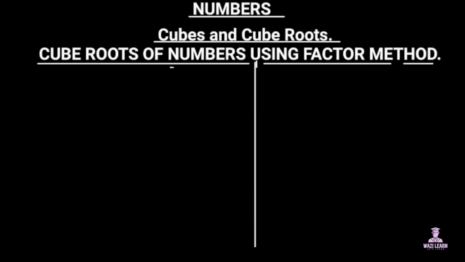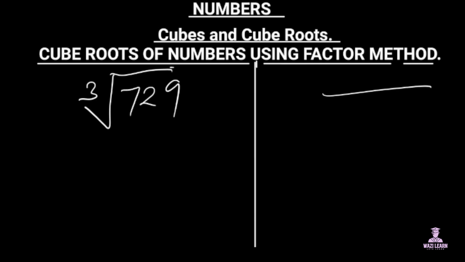Let us look at another example where we have 729. Find the cube root of 729. The smallest prime number that can divide this one is 3.